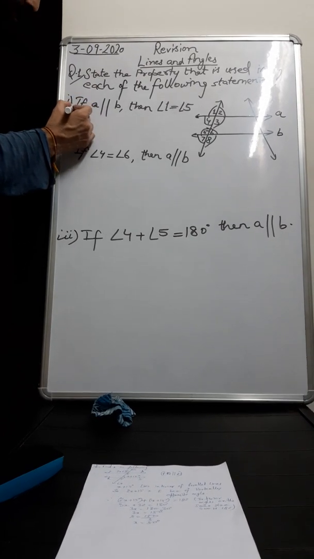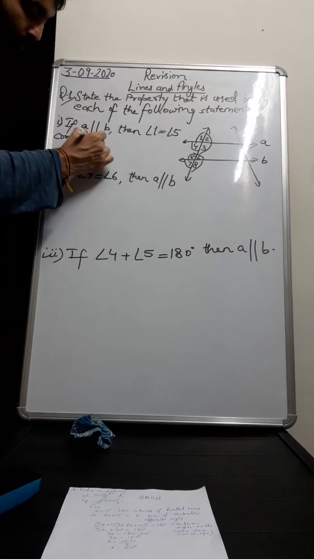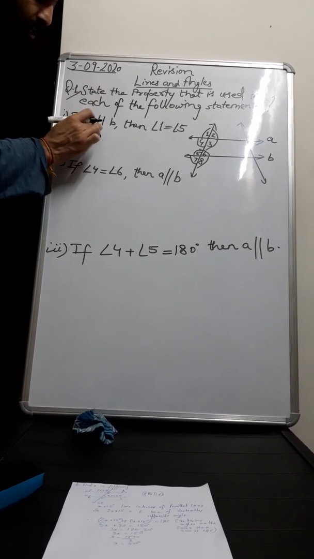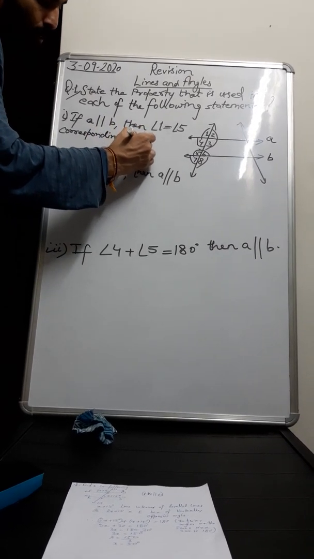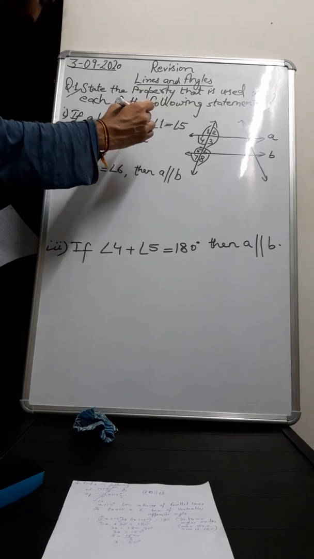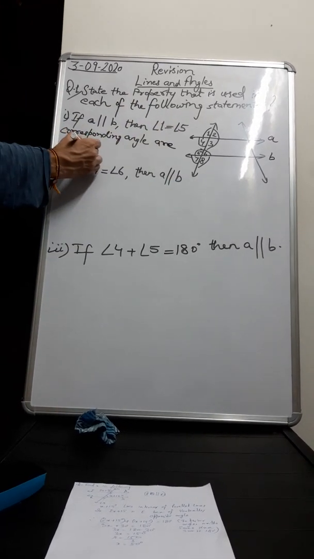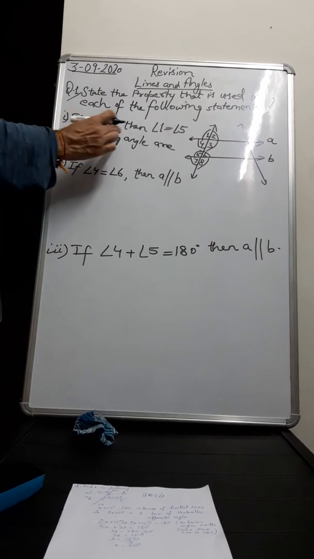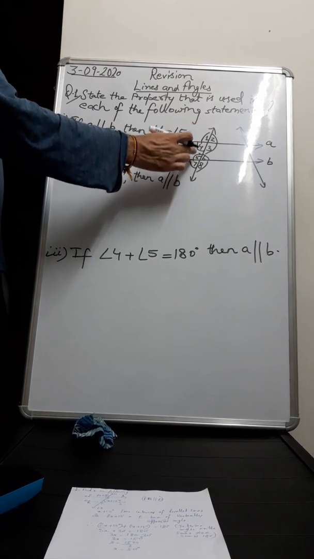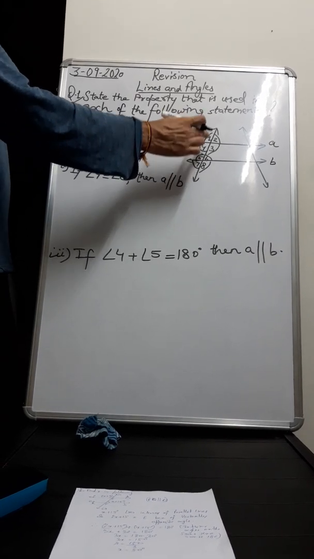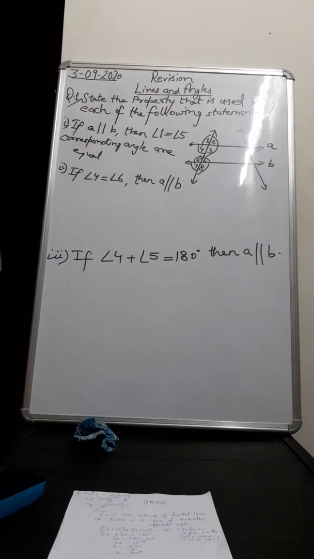So here we can see that these are corresponding angles, and corresponding angles are those angles which are lying on a transversal on the same side, either above a line or below a line. So that's why corresponding angles are equal.